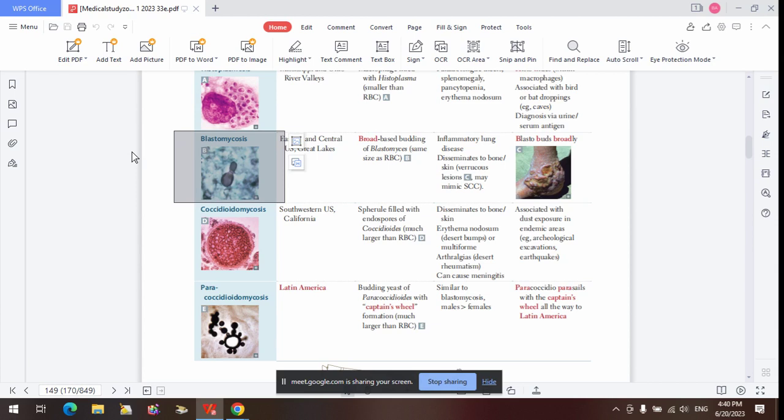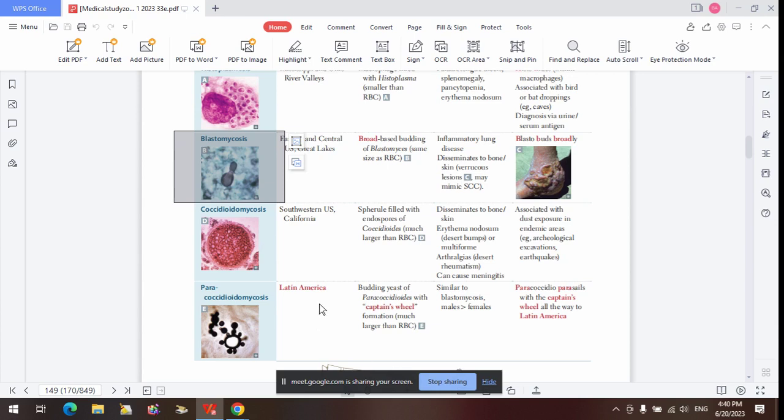Okay. So the last one, paracoccidioidomycosis. This one too is similar to blastomycosis, because blastomycosis itself is also similar to coccidioidomycosis, so you can say that coccidioidomycosis is like the same thing as paracoccidioidomycosis. That is it, but it's common in males compared to females, and you typically find it in Latin America.